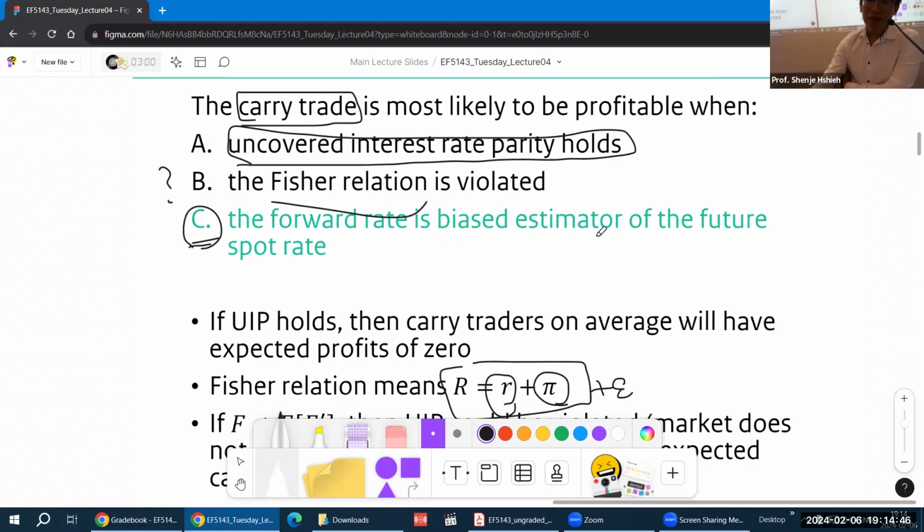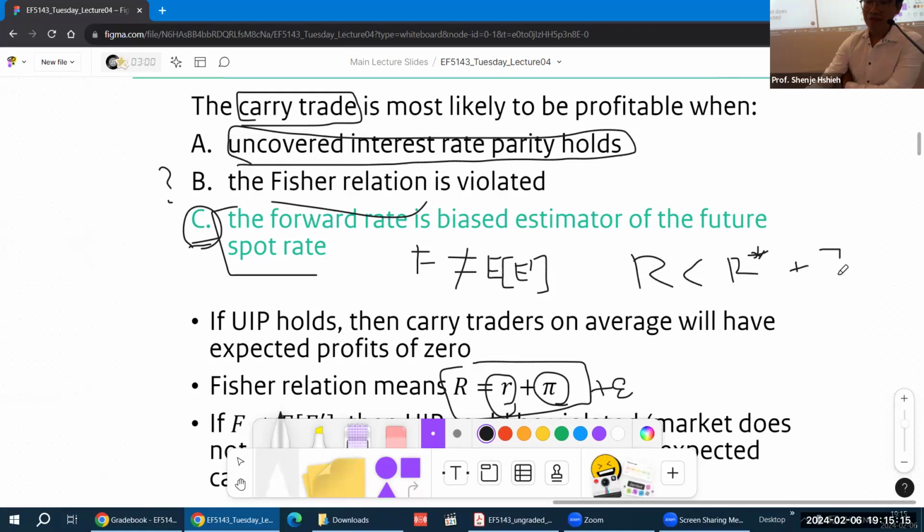The forward rate is a biased estimator of the future spot rate. This clearly states that F is not a good approximation for the expected future spot rate, which means that one of the assumptions in UIP is broken, and therefore R is probably not the same as R star plus the rest of the terms.